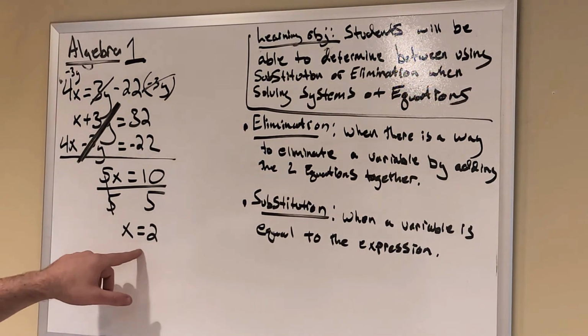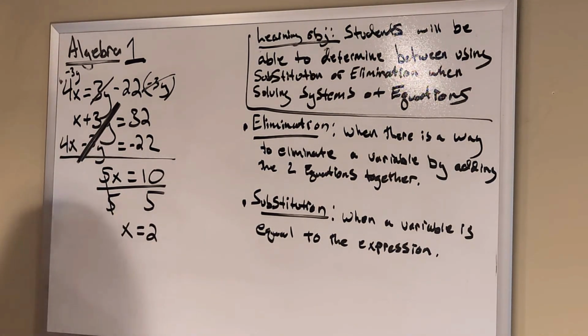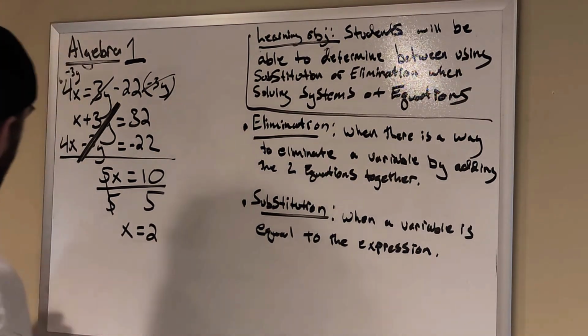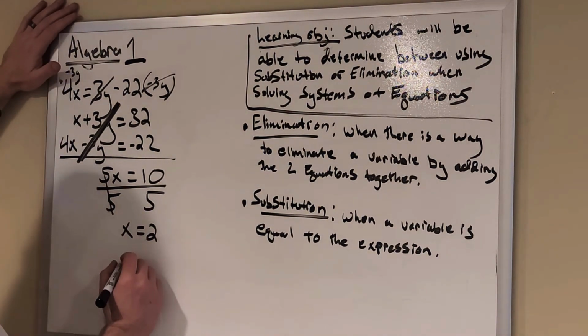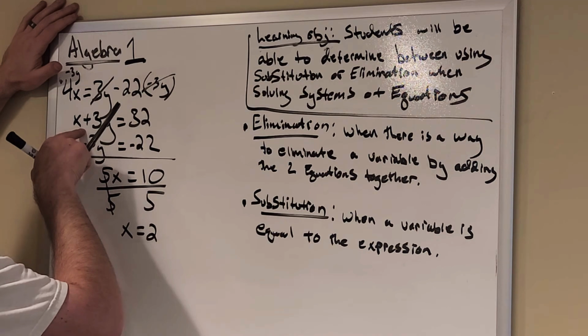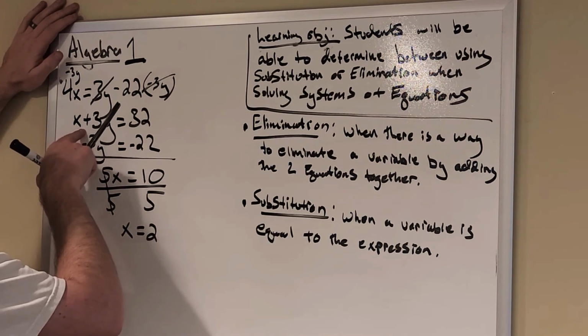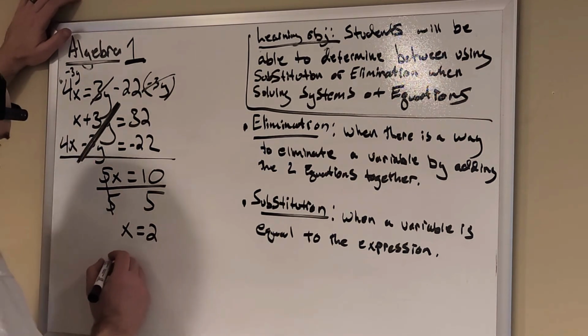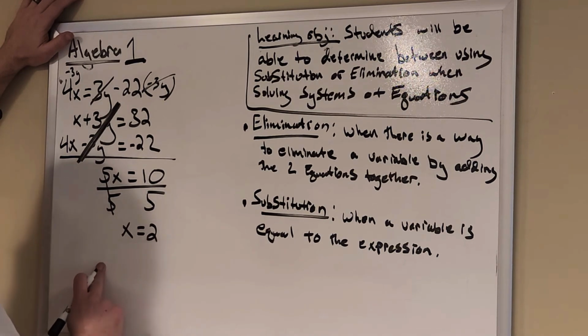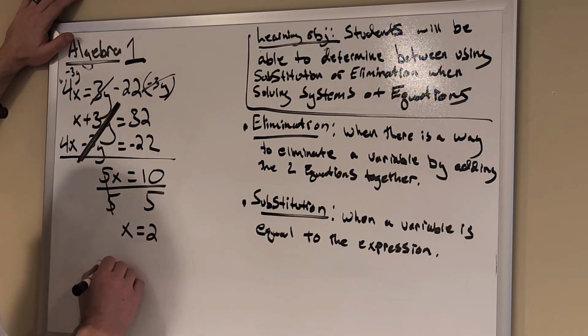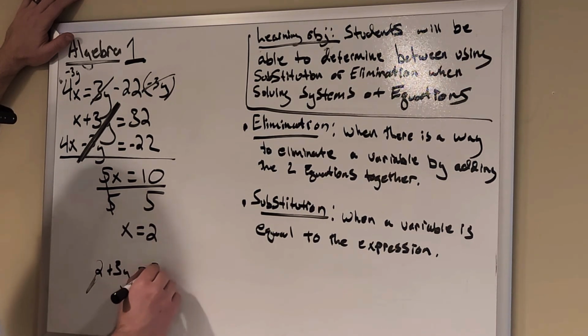Great. Now let's plug it back in. Let's find my last piece here. I'm going to plug it into the bottom equation over here. So I have x, which is 2, plus 3y is equal to 32.